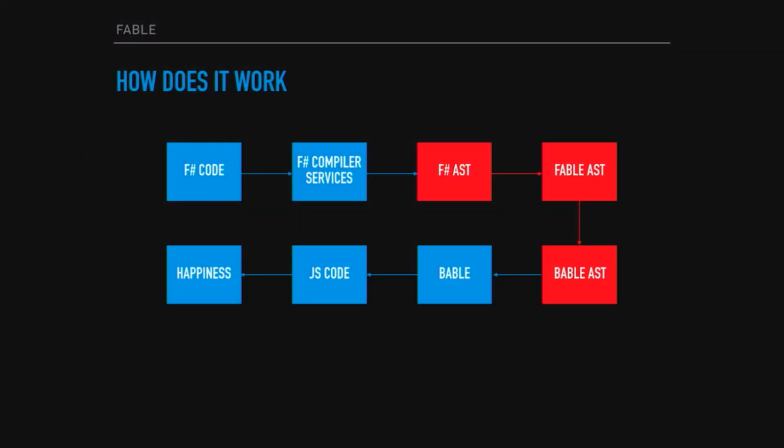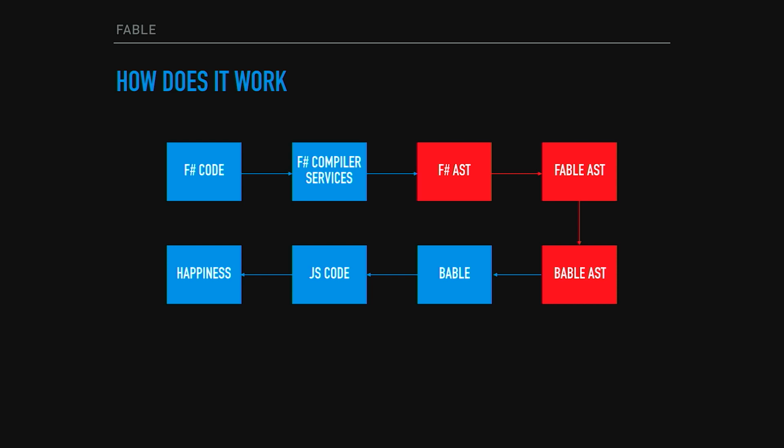So how does it actually work under the hood? This is a really interesting part. At the beginning you have F# code. It's some F# source files and an F# project file that contains all the files.